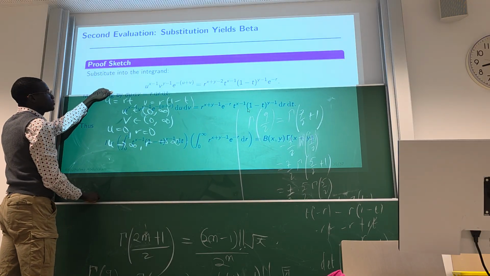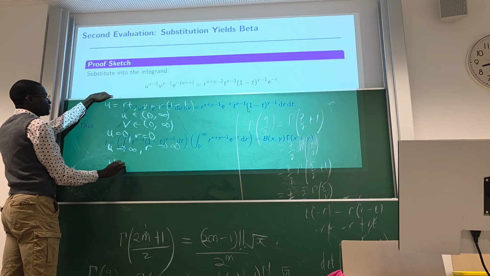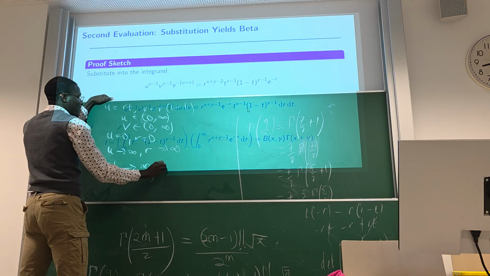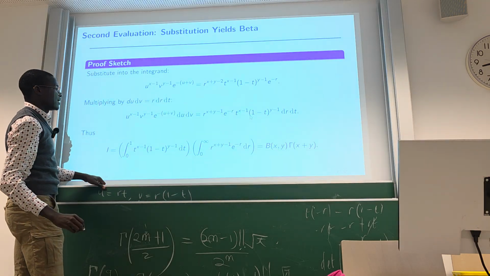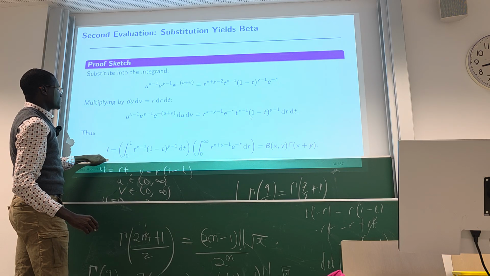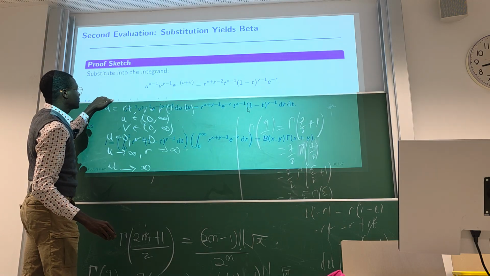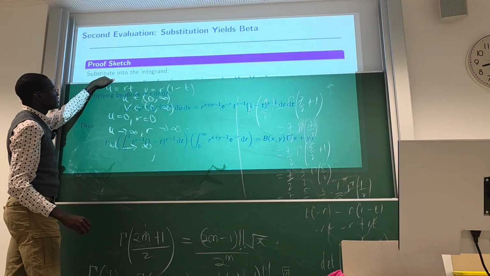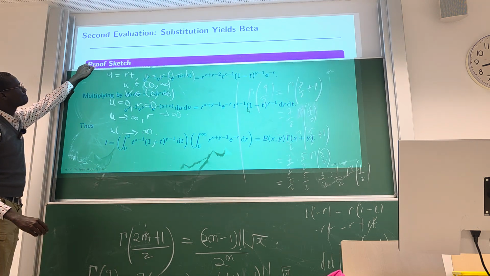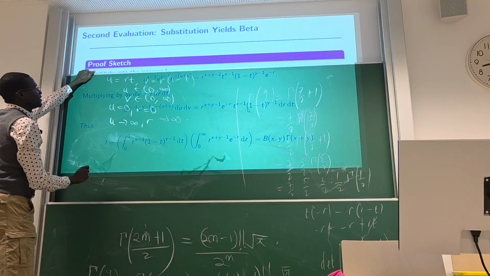Yeah, we want something for t now. What happens when u and v go to infinity?